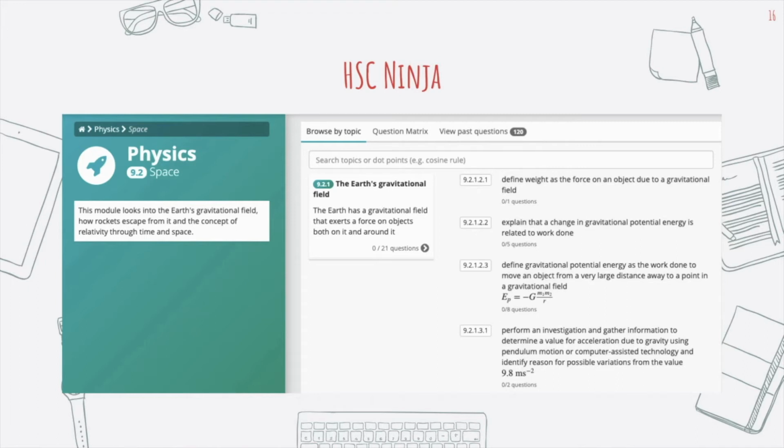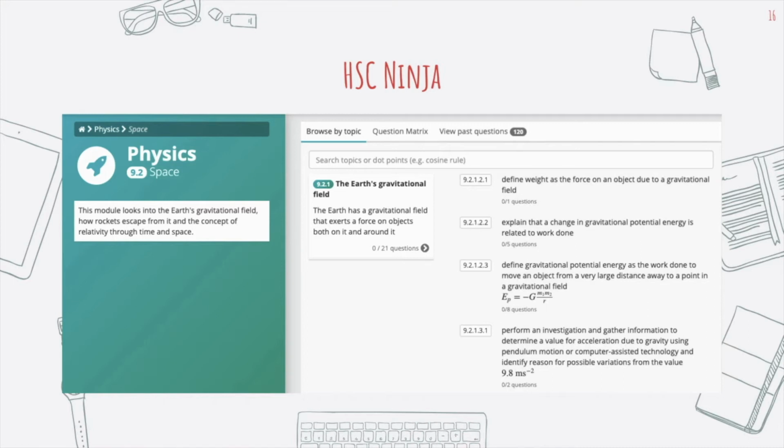And simply by reading the dot points, we can make the links between the old syllabus dot points and the new syllabus dot points. So using HSC Ninja is a very effective way to practice individual questions on certain dot points from the syllabus.